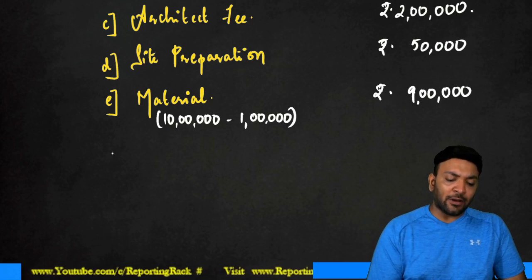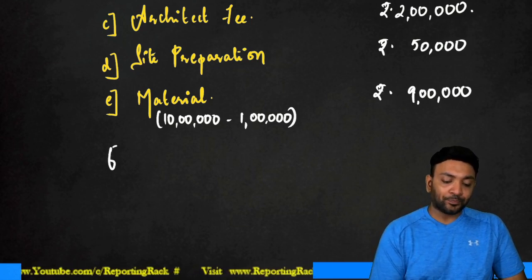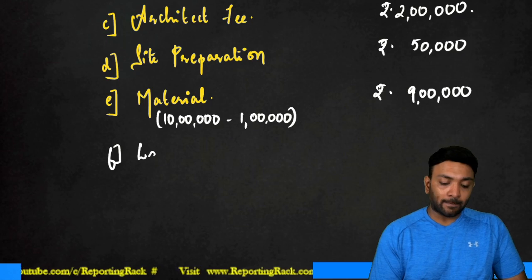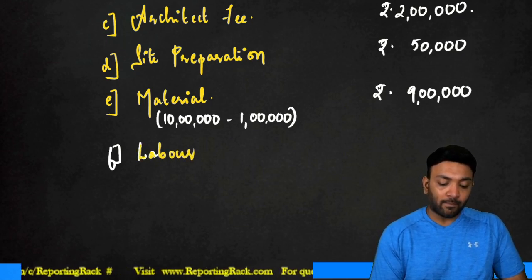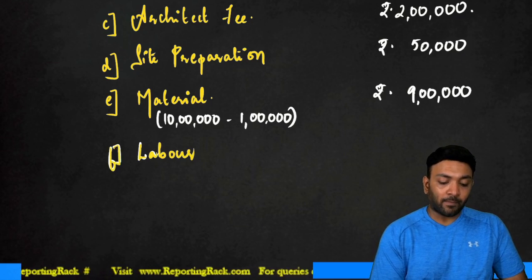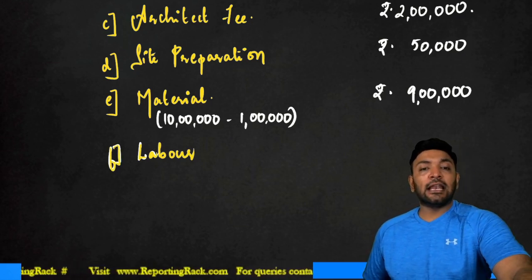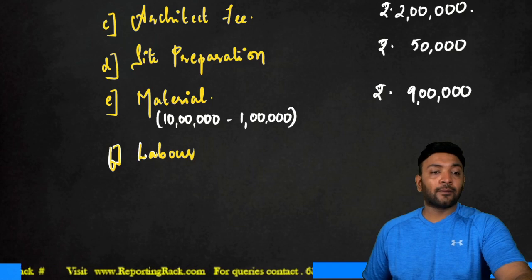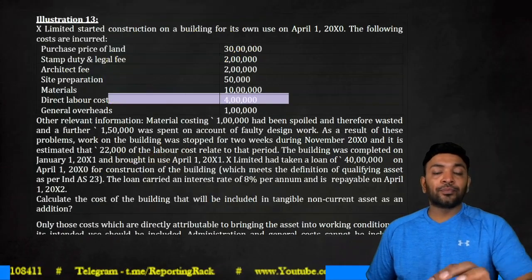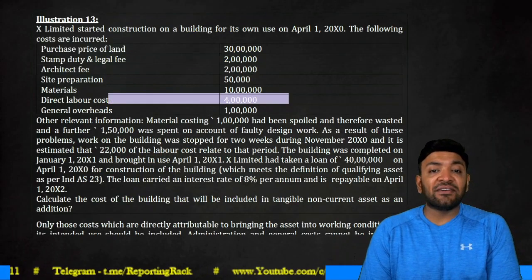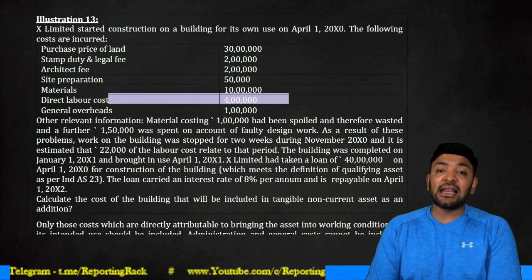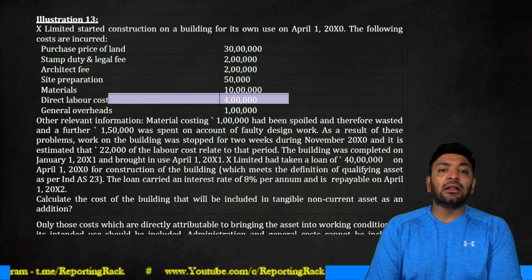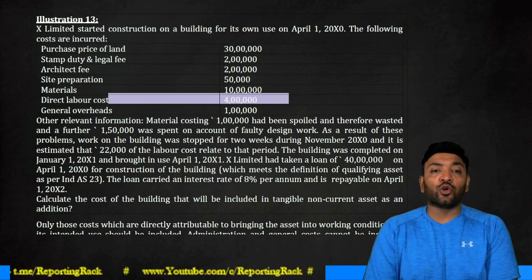Next one, labor. Calculate the labor work. Labor is given to me as 4 lakhs. However, down below he said, as a result of faulty work, the work on the building was stopped for 2 weeks.